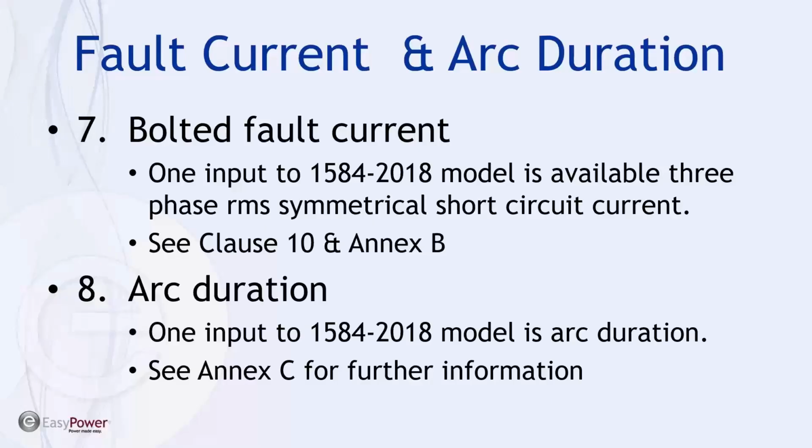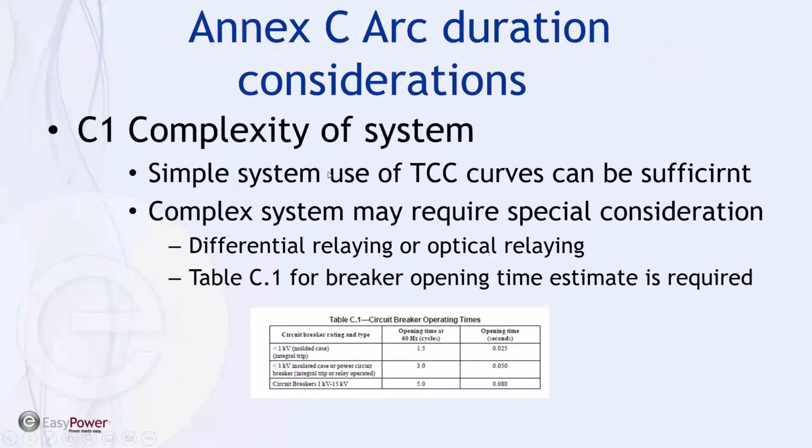Likewise, arc duration is described as one input to the 1584-2018 model, and it refers us to Annex C for further information. Well, Annex C looks something like this. And it basically says simple systems can use the TCC curves as a sufficient source of information for arc timing.